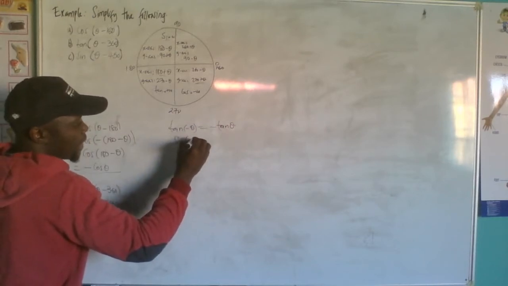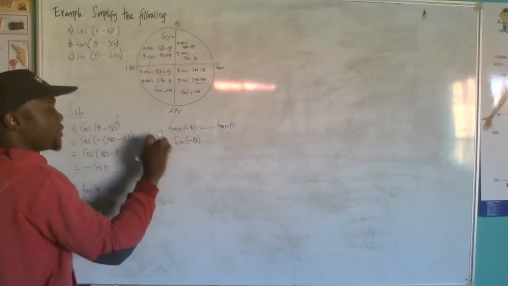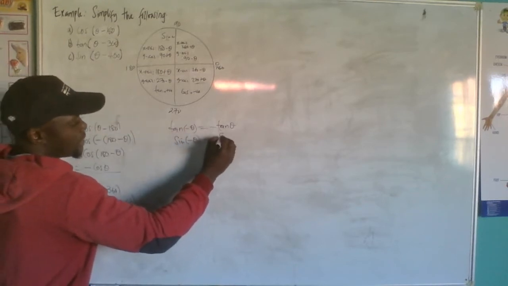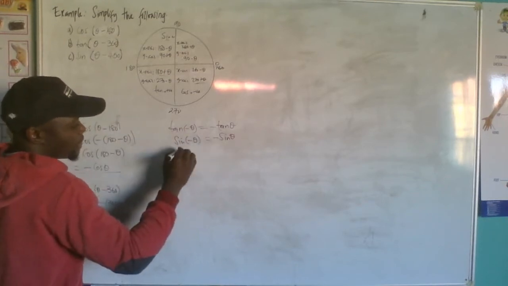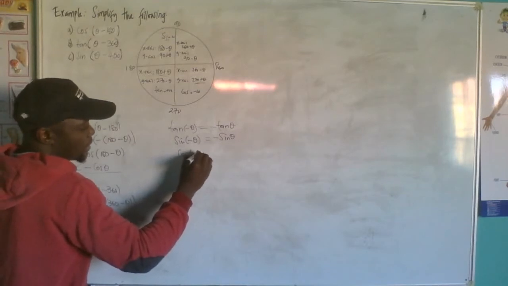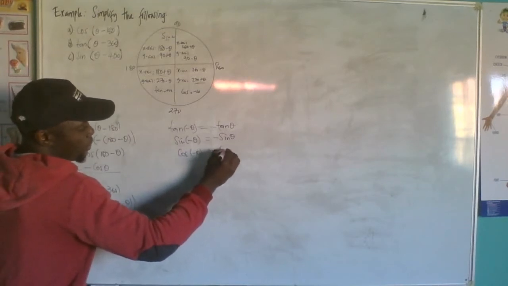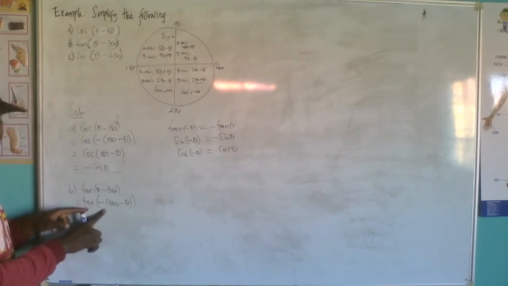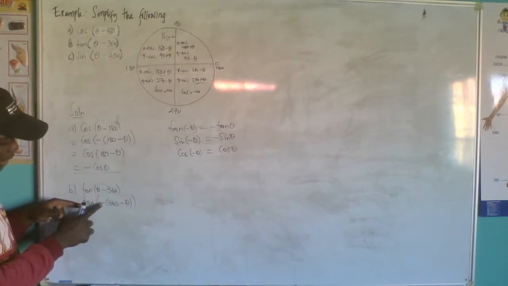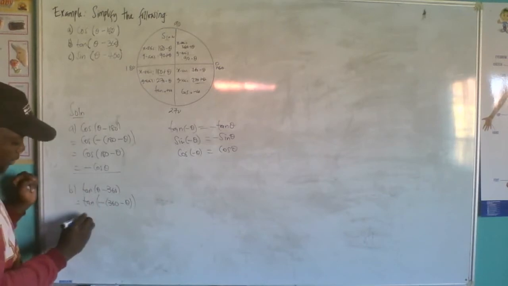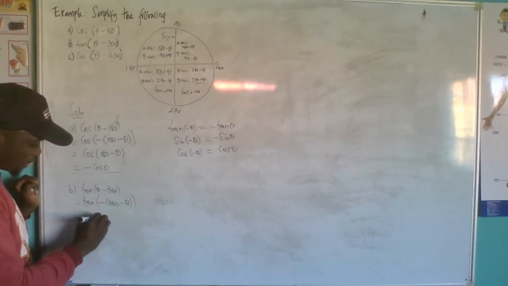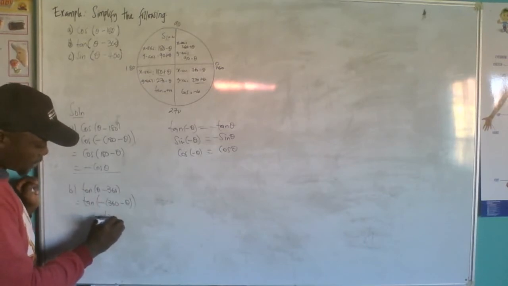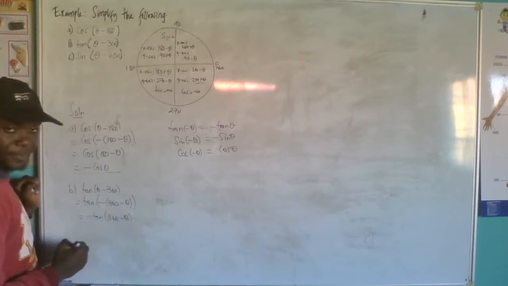If you have sine negative theta, the negative will shift to the front and becomes minus sine theta. But if it's cos with a negative angle, then cos is maintained as a positive. So we're applying that here: since it's tan, the negative will be shifted to the front, becomes negative tan 360 minus theta.